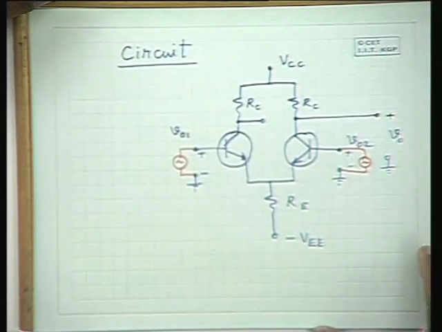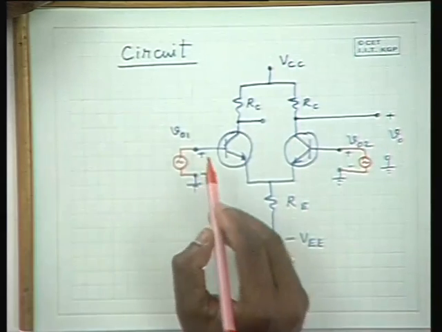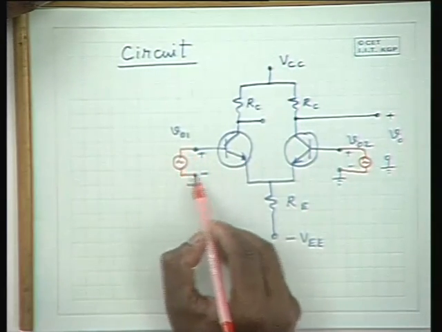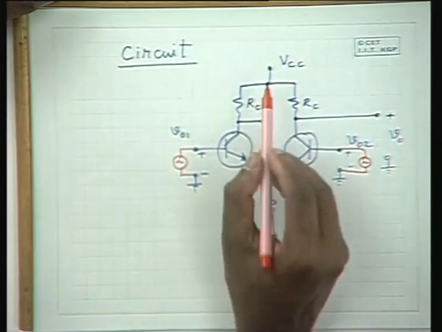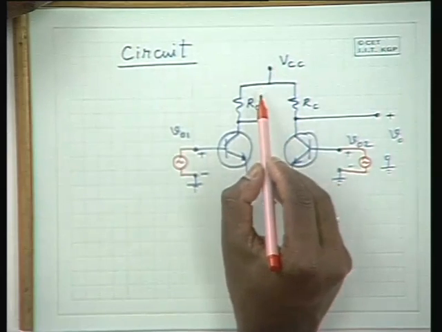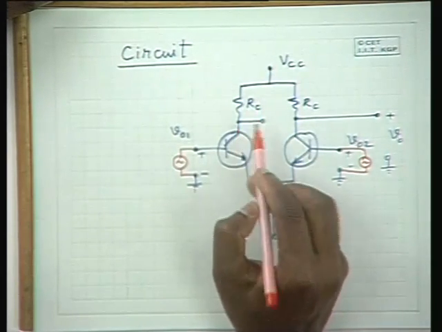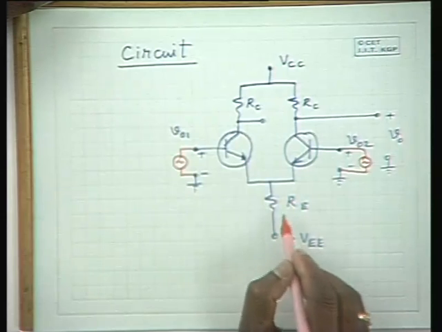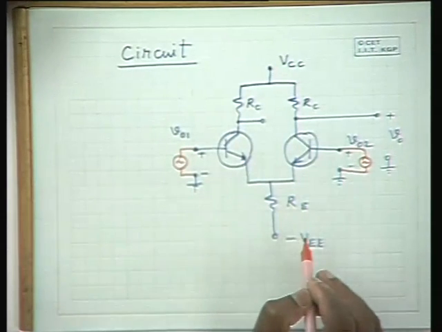So, the circuit is biased by grounding the base and connecting a positive supply through RC to the collector and a negative supply through RE to the emitter.